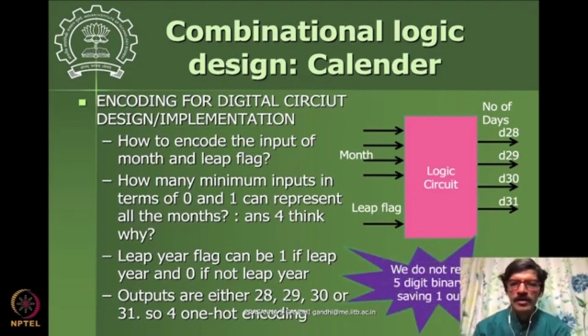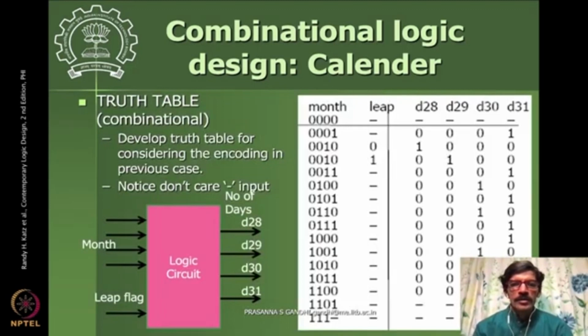And then you see that this is typically the chart that will come. So month 0000, and then the leap year flag you don't care about, because whether it is a leap year or not, you always have a fixed number of days in the month of January.